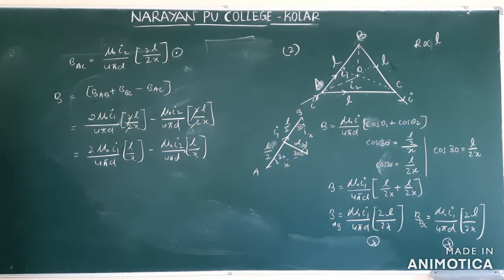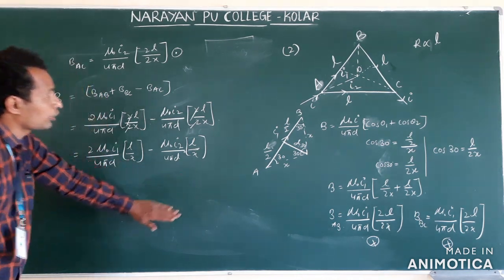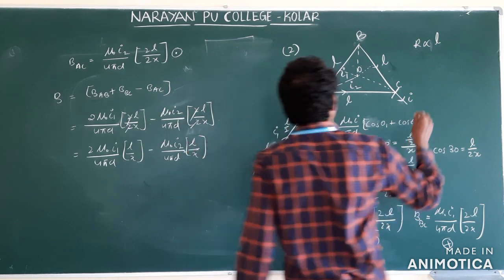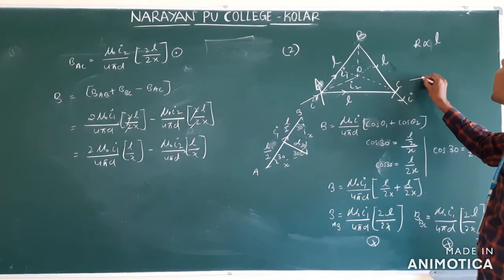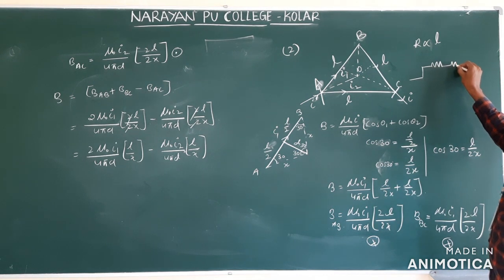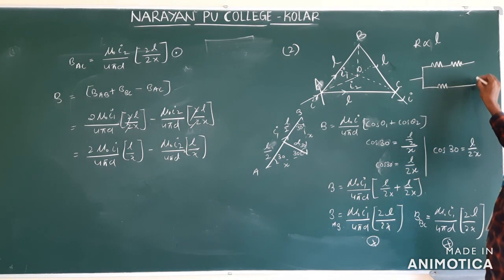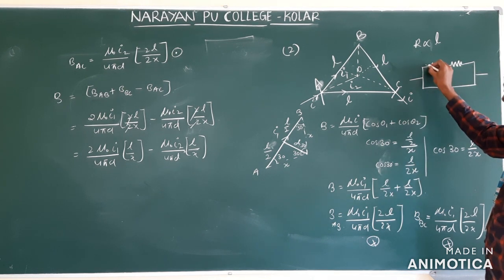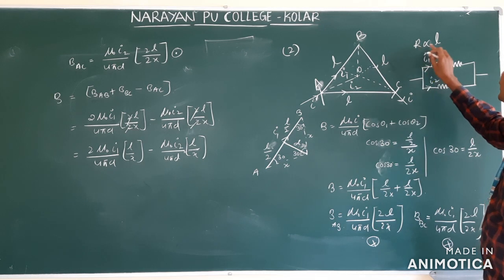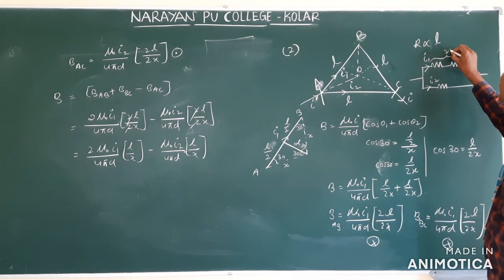Now here, which combination? Parallel combination. See, I will write like this. This is the AB resistance, BC resistance. This is the AC resistance. Current is splitting like this, I1 and I2. L is directly proportional to R. So these two resistances will become 2R.